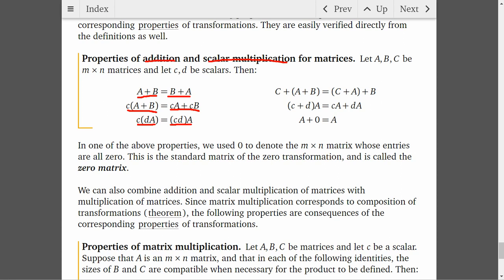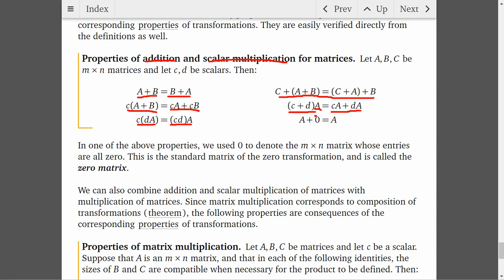I can do it in either order. Addition is associative. The scalar sum, you can either sum the two scalars and then multiply by the matrix, or you can think of this as the matrix multiplication distributing over scalar addition.